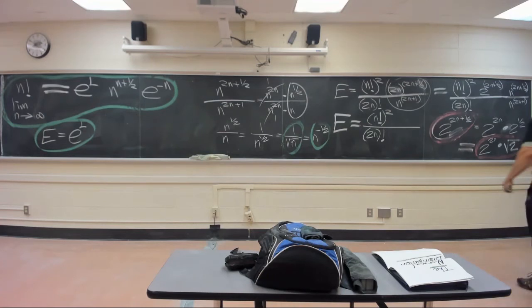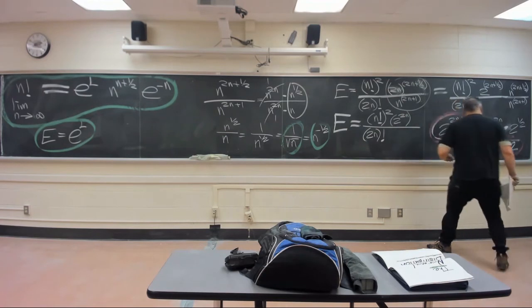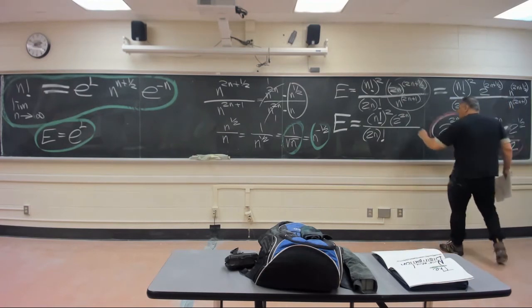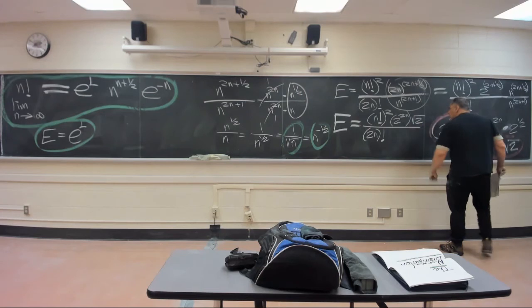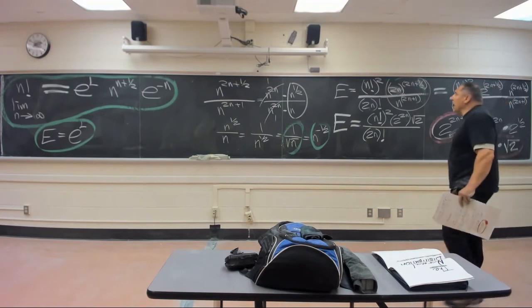So we got the 2 is 2 to the 2n times the square root of 2. That can potentially get a little messy here, so let's not do anything careless. 2 to the 2n times the square root of 2 looks good to me from the get-go. Looks pretty good.